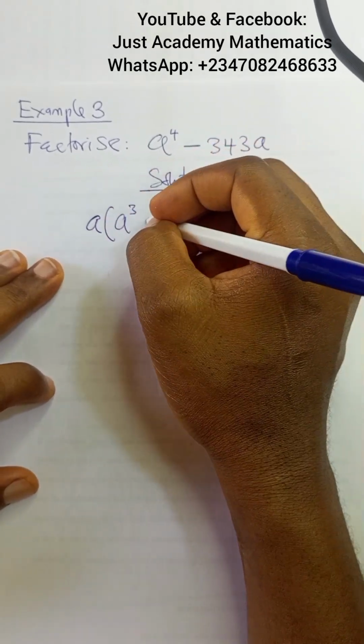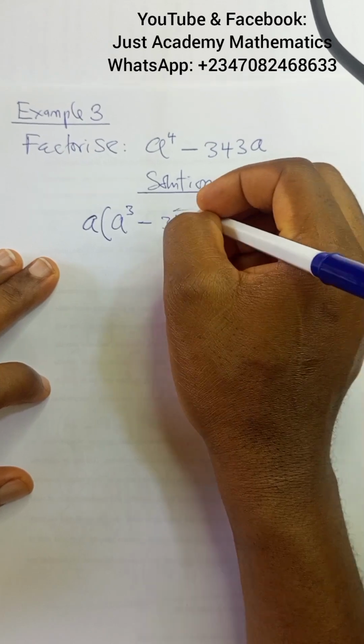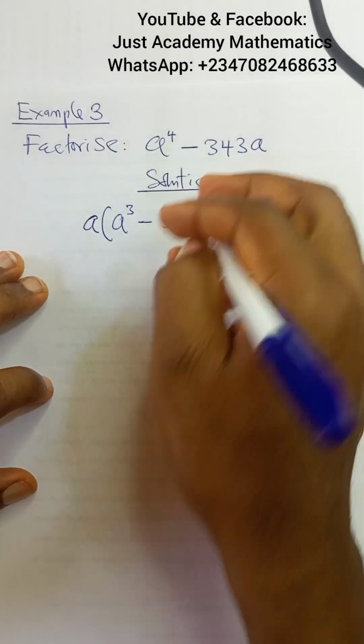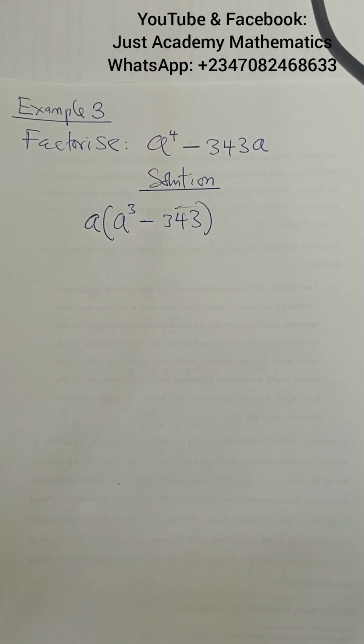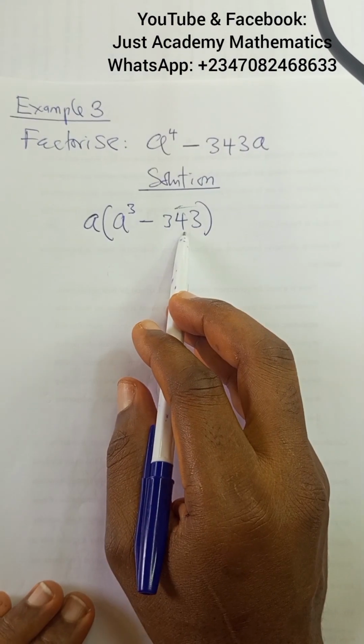A raised to the power of 3 minus 343. Are you following? So we are going to find the cube root of 343. And the cube root of 343 will give us what? 7. That means this one is 7 raised to the power of 3.